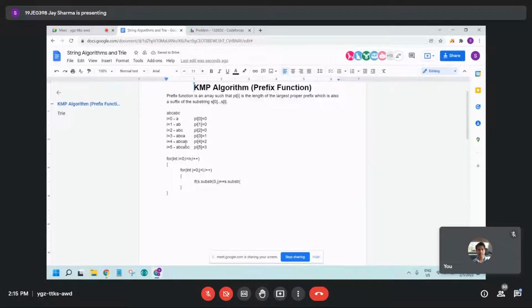Now suppose I equal to 4 and j equals 2. For that case, the starting index of the string should be such that it ends at 4.